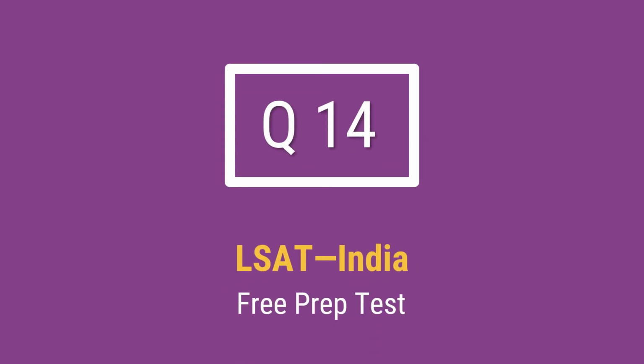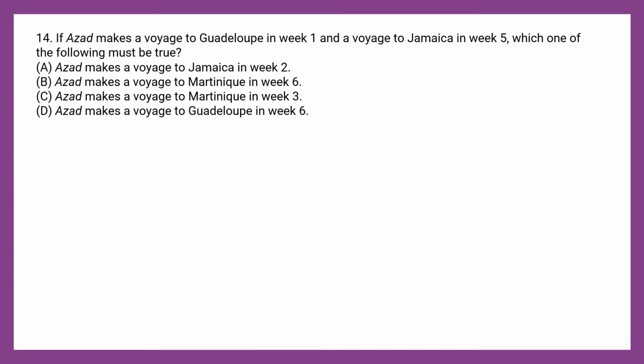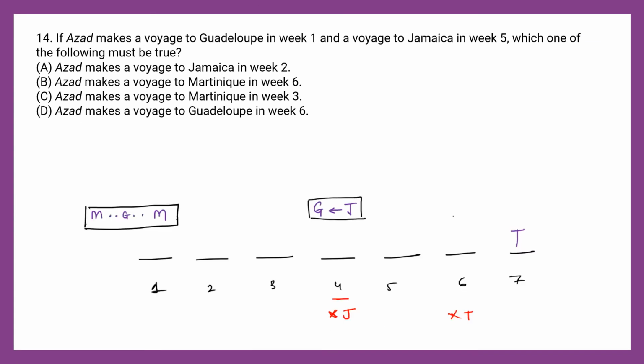Question number 14. Alright, let's have our diagram again. Now, the question reads that if A makes a voyage to G in week 1, let me write that down. You go to G in week 1, and then it says that it makes a voyage to J in week 5.